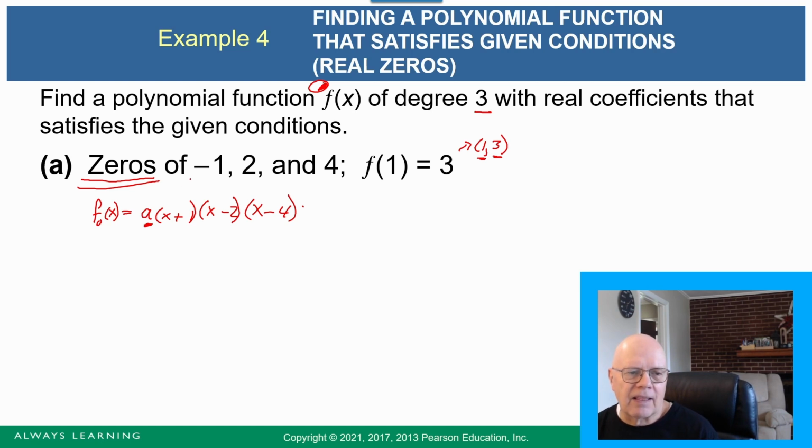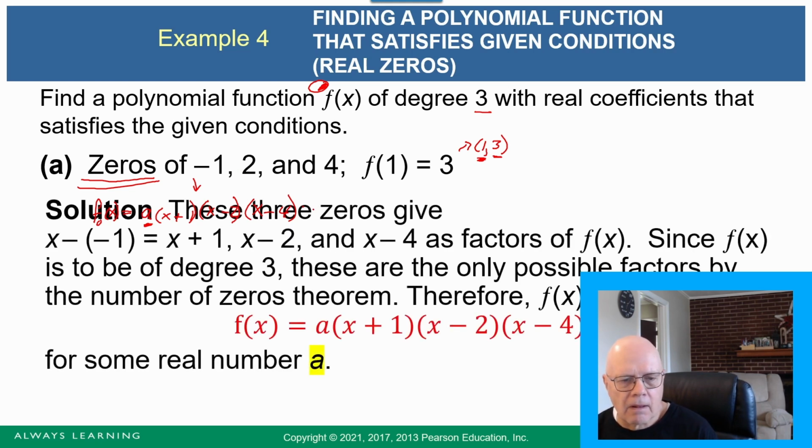We're going to take this expression with the a that we don't know yet. We'll put 1 in for the x's, no, 1, the 1 over here, sorry. We'll put the 1 in for these x's and set it equal to 3.